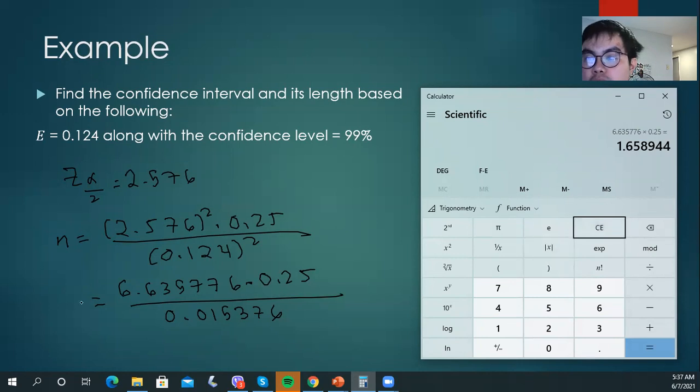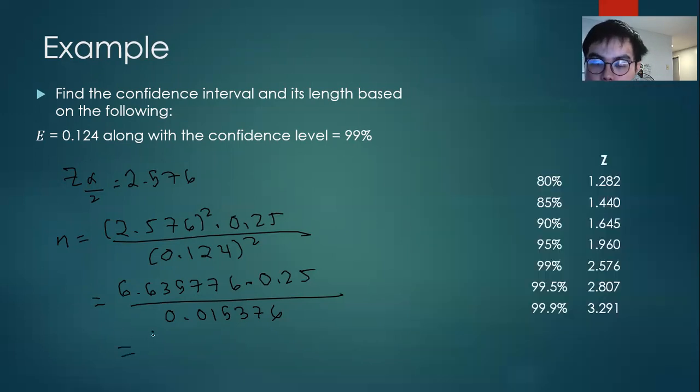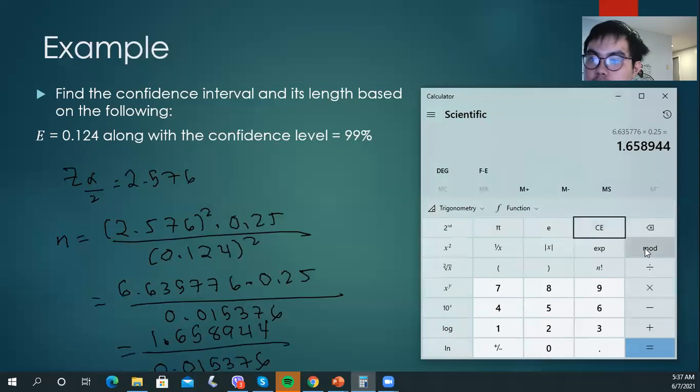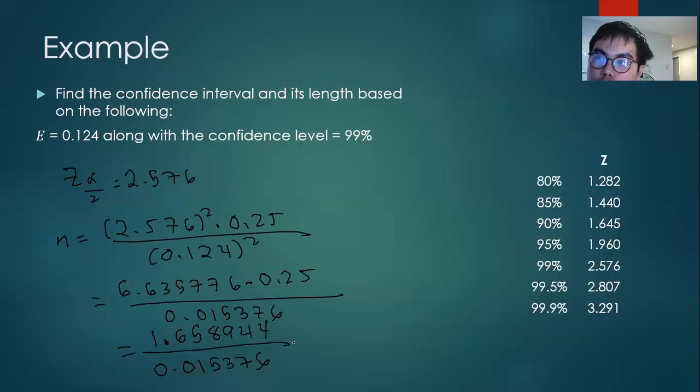Multiplying, it will become 1.658944 divided by 0.015376. So it will become 107.89. Now we're going to round up. It will become 108. So the sample size is 108.